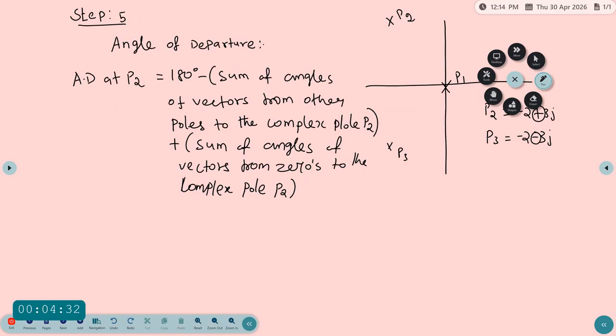So this is the formula to find the angle of departure at P2.